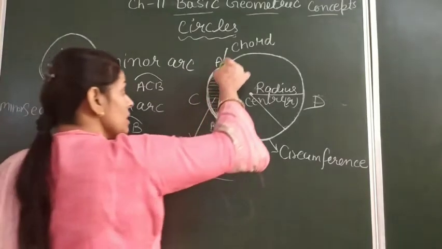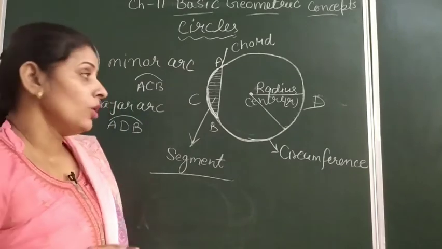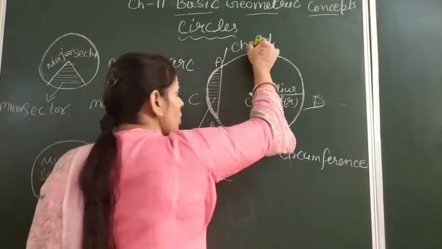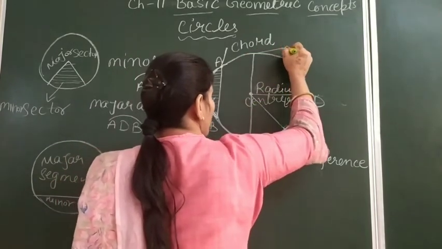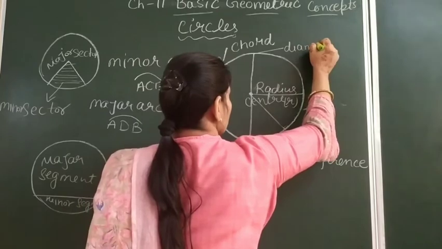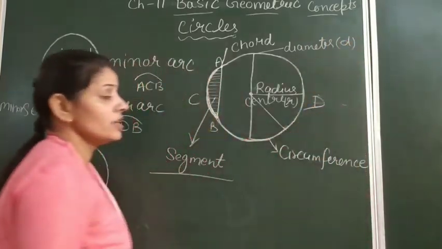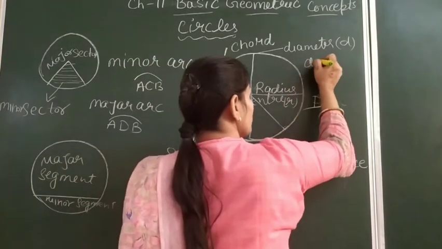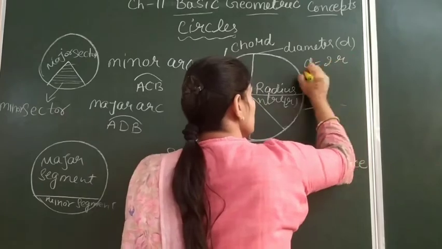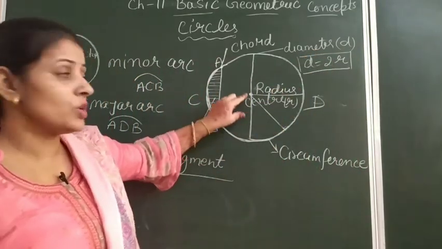Okay, now there are infinitely many chords in a circle, and the longest chord, which passes through the center, is known as the diameter. It is denoted by D, and it is also twice the radius, because it is formed by joining two radii.